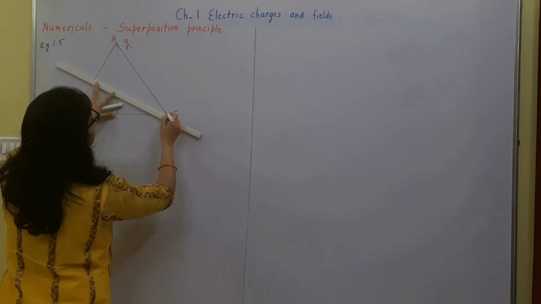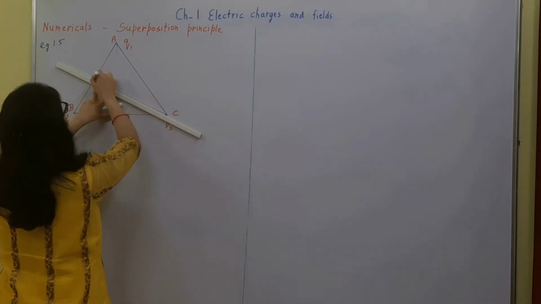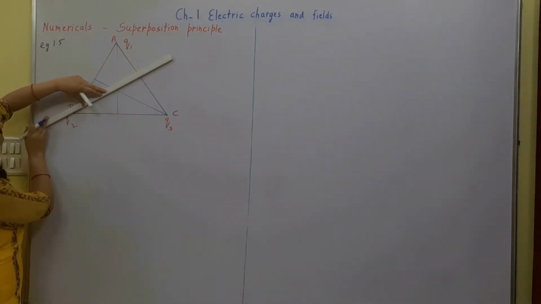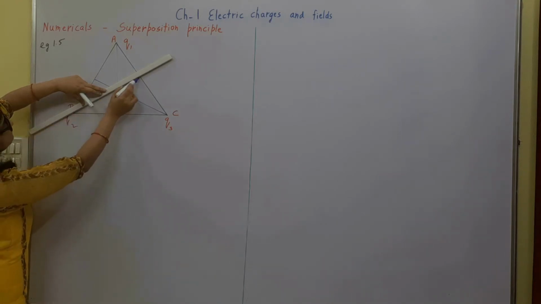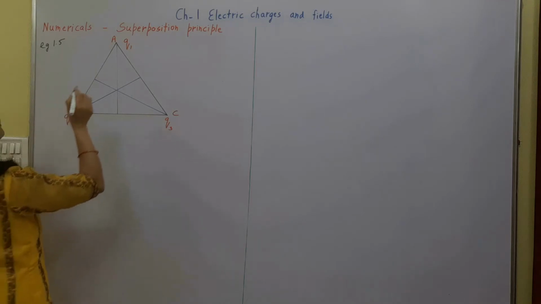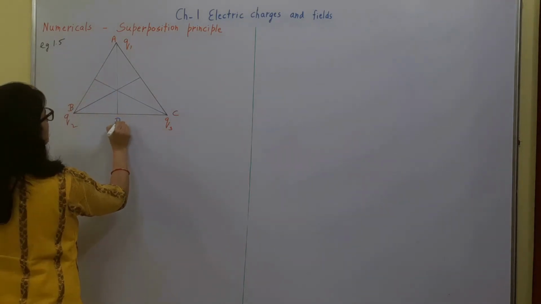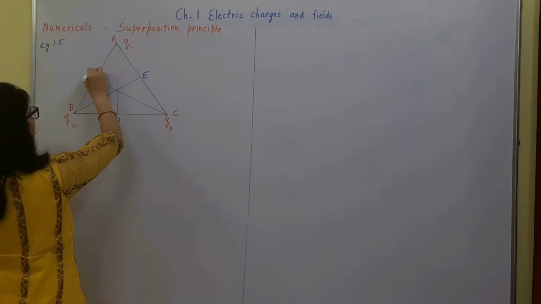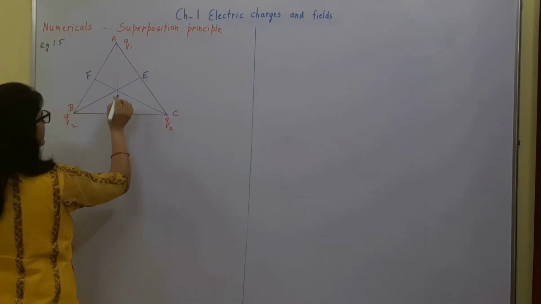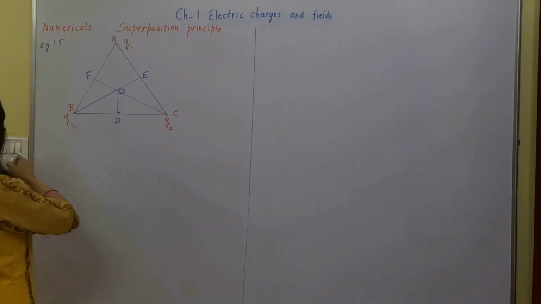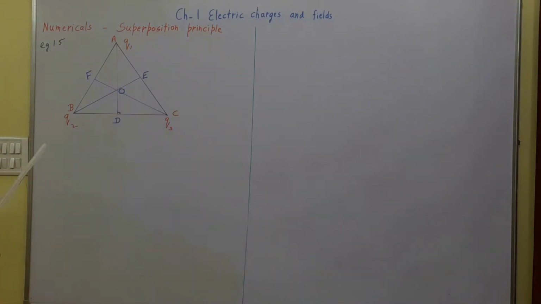Similarly, this. So this is D, E, F. These are perpendicular bisectors. This is the centroid which is marked as O over here in the book.